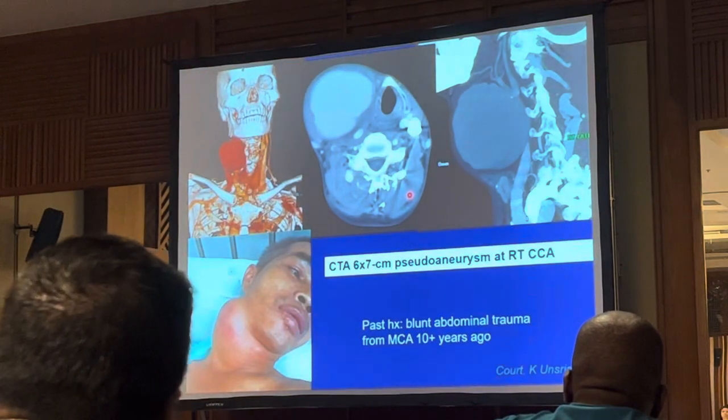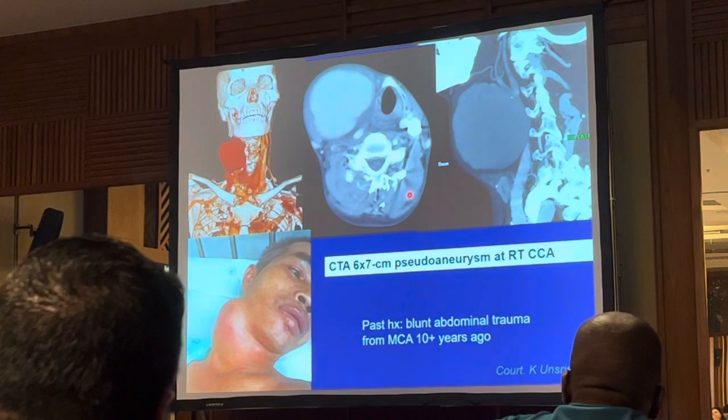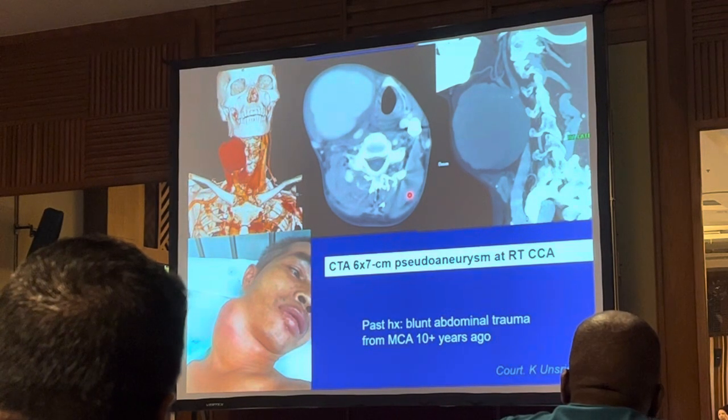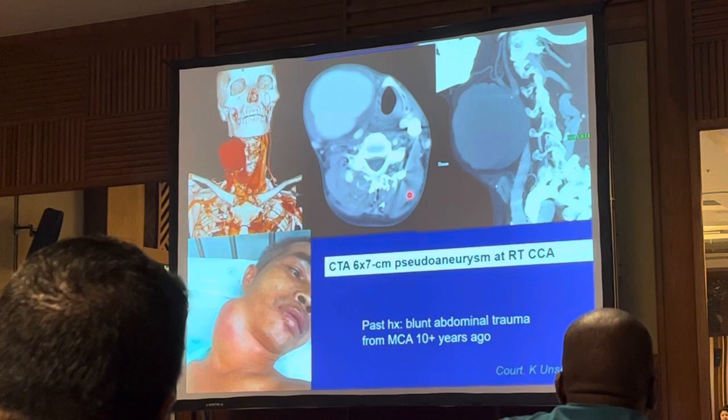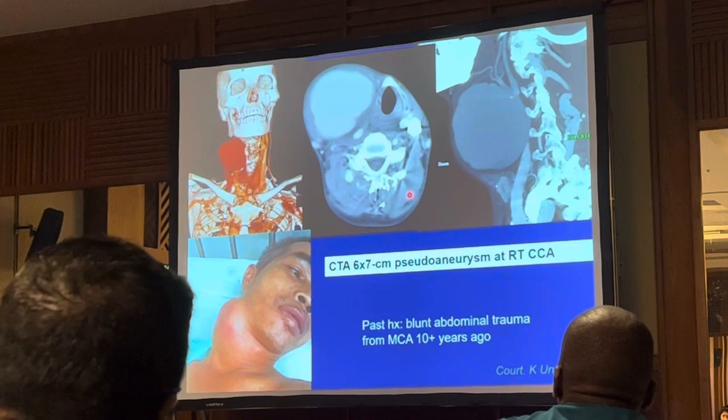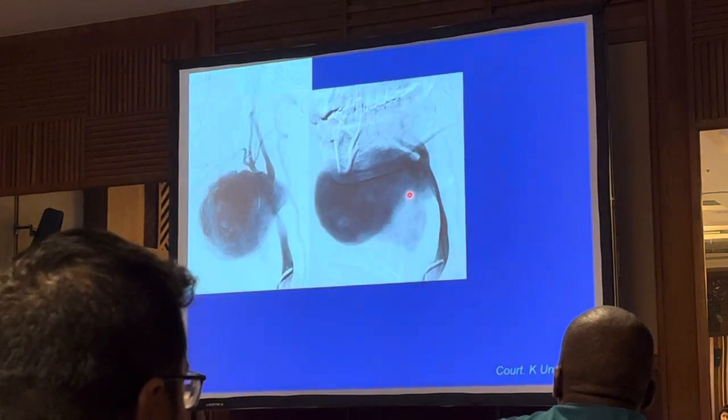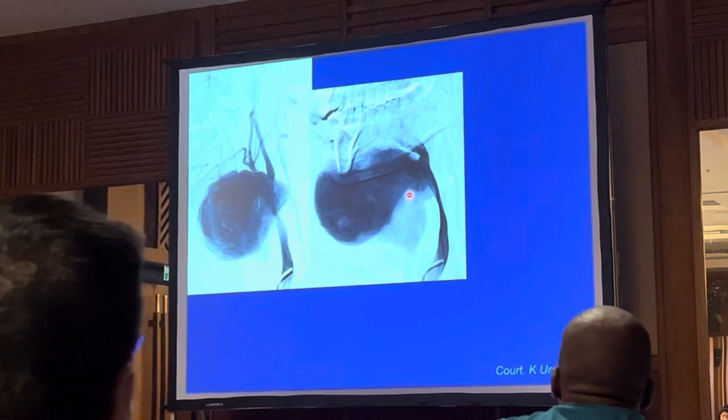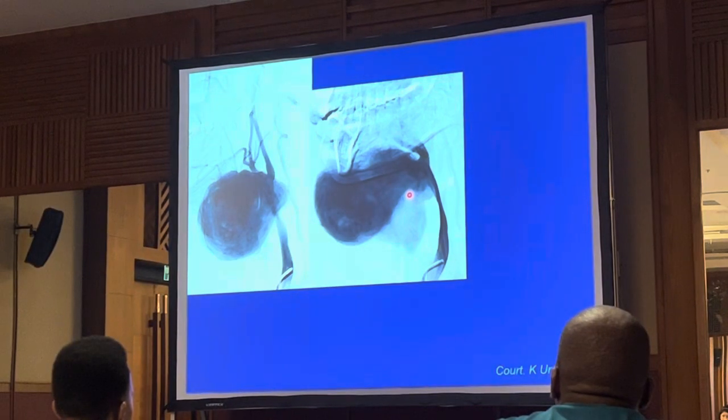Chronic times come with the size. So with this gigantic, we were working, this is his case that he's been doing here with this gigantic pulsating mass from the trauma about 10 years ago. And look at how this can be seen over the time.